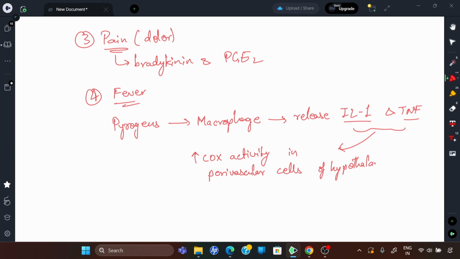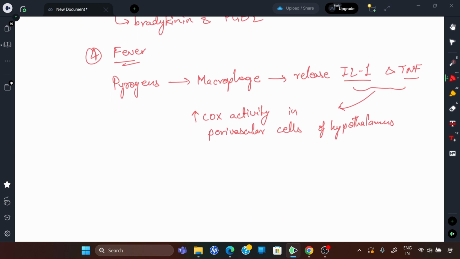We know that the hypothalamus has a role in thermoregulation. So whenever a pyrogen enters the body, it activates the macrophage to release IL-1 and tumor necrosis factor, which would increase the cyclooxygenase activity in perivascular cells of the hypothalamus, right? And what will happen when the cyclooxygenase activity increases?